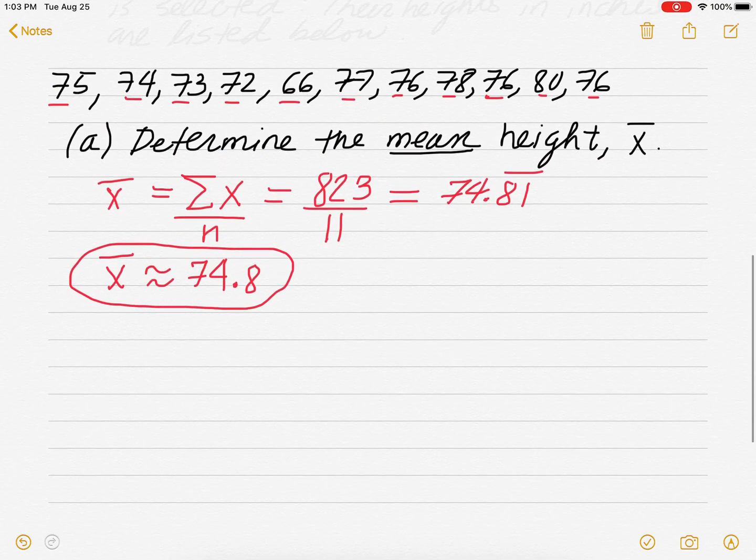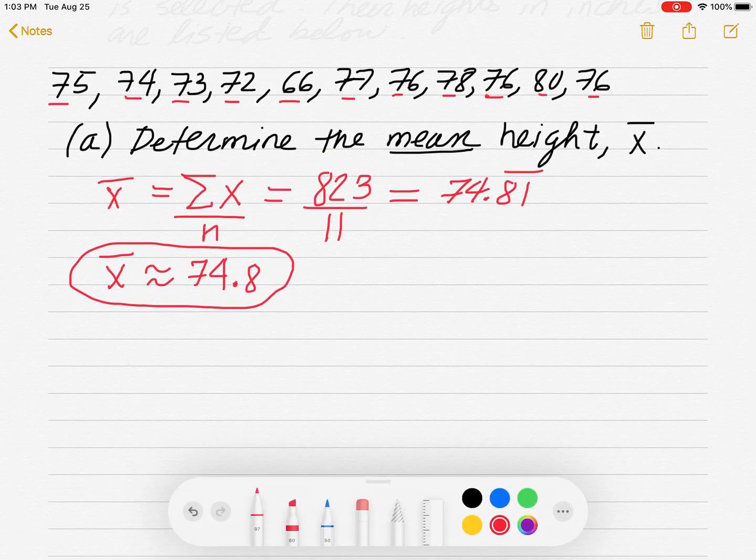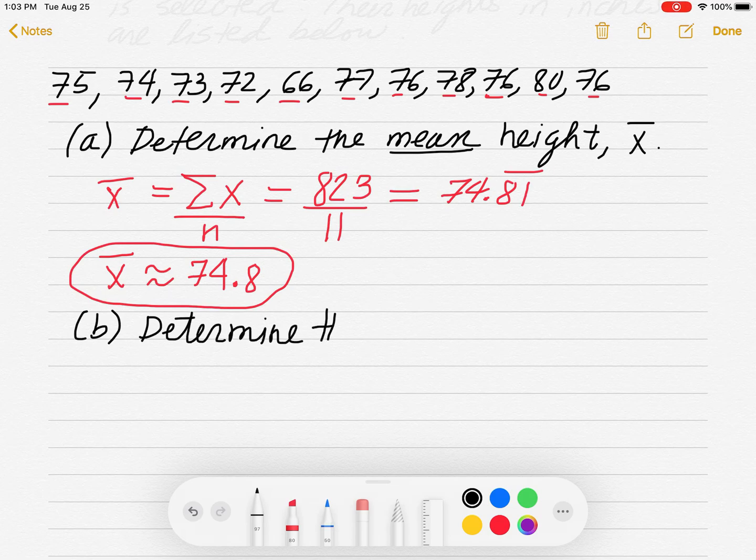All right, so the next thing, part B, we want to find the median, and we'll compare the mean and the median. Determine the median. The first thing you want to make sure is that your numbers are in ascending order.